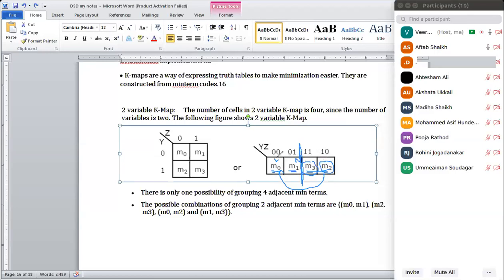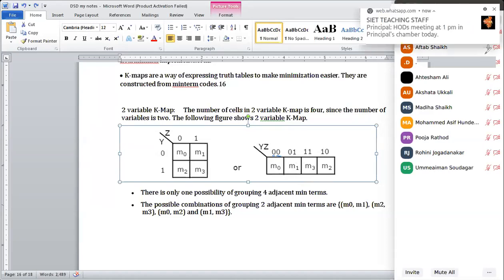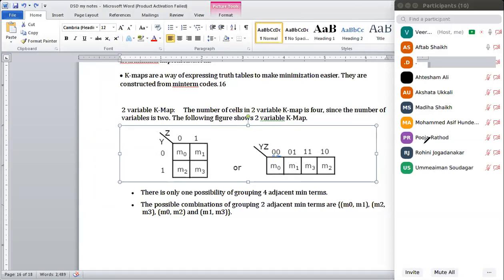Is that okay? That is why the term we have to write is 0, 0, 0, 1, and the largest output is first. Here 1, 1 is 3, 1, 0 is 2, correct? This is 0, this is 1, this is 3, this is 2. This we have written only for one reason, I'll tell you. Now, here I have y0 and z as 0, correct? Anyone reply to me?